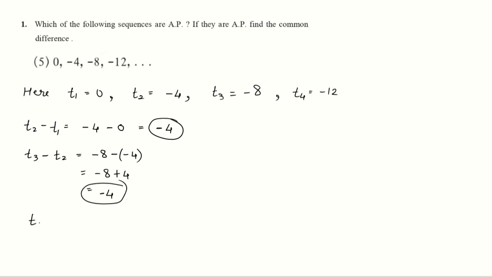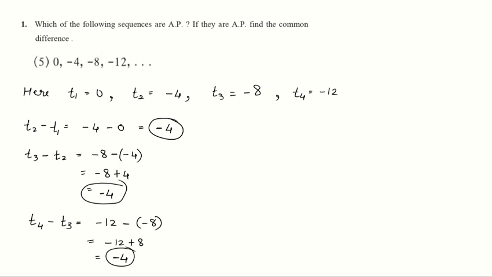Let's check for the last difference. T4 minus T3 is equal to T4, which is minus 12, minus what is T3? Minus 8. That is equal to minus 12 plus 8. So plus into minus is minus. 12 minus 8 is 4. Sign of the bigger number.